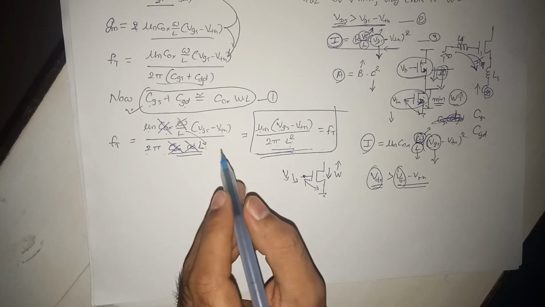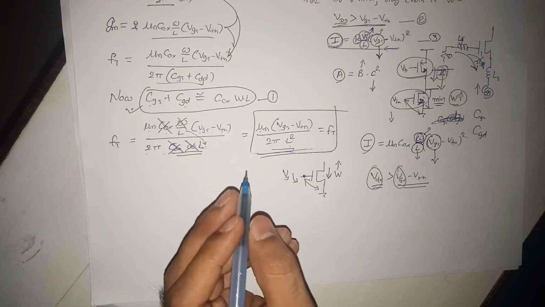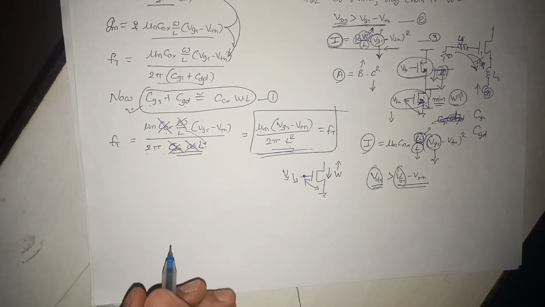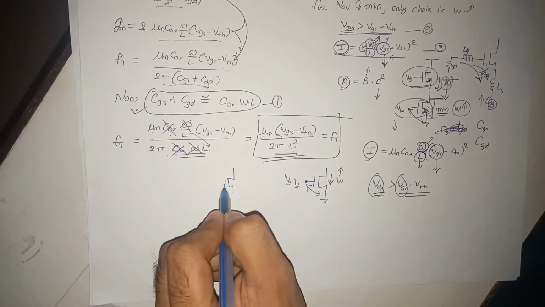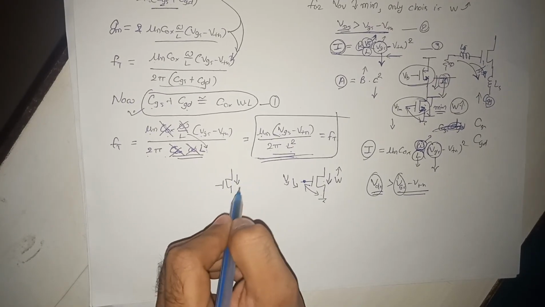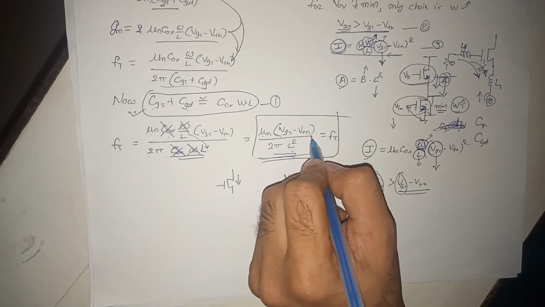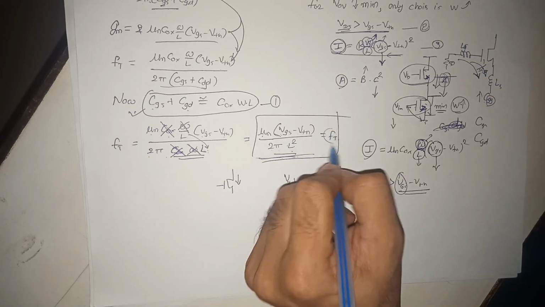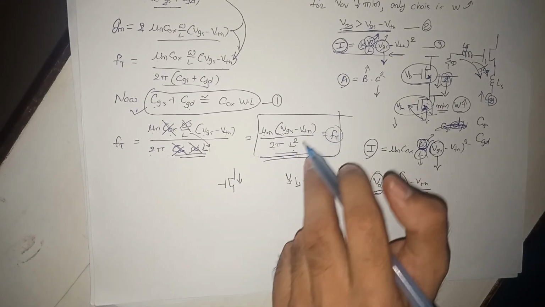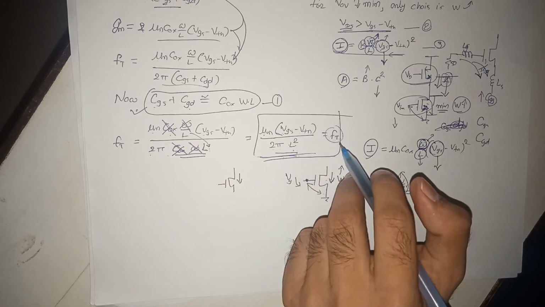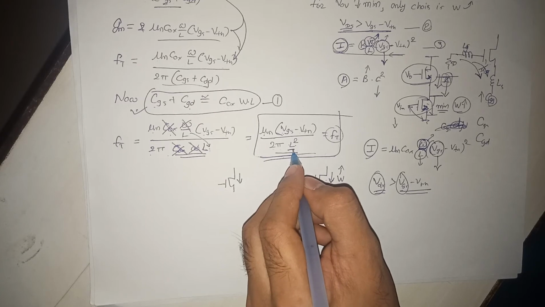The other thing they are telling from this equation is how the speed is limited as the device is designed to operate with lower supply voltage. If you want this NMOS to be operated at lower supply voltage, that means you want minimum overdrive voltage. That means VGS minus VTH is lower, so FT will go lower. Ultimately, your frequency of operation will be limited. Because you can't reduce your L after one limit.